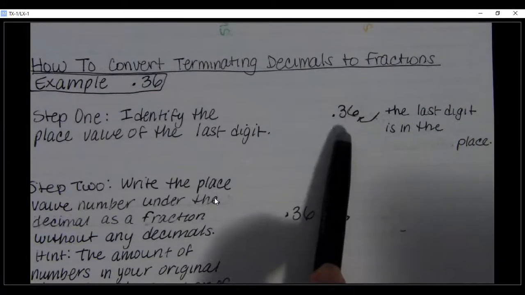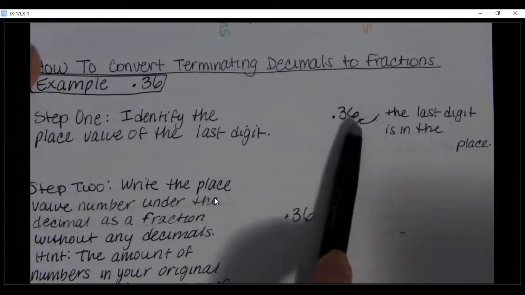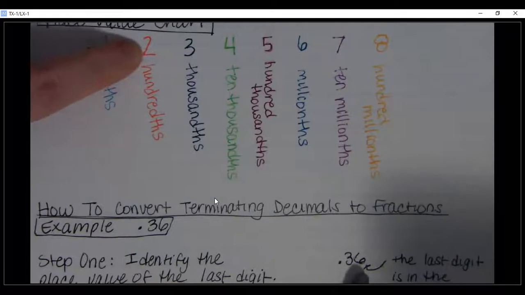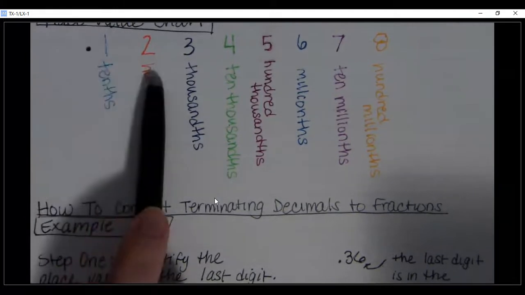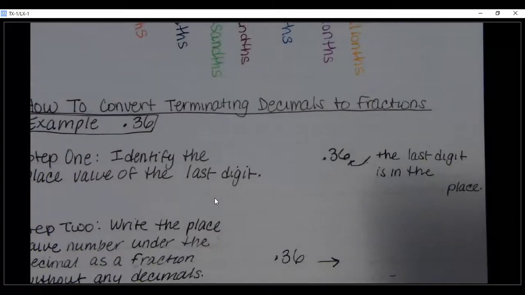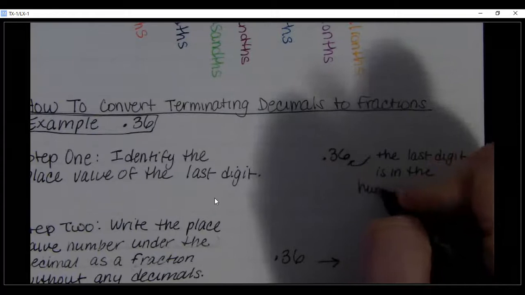We do that when we're pronouncing this as well. So the 6 is going to be in the place value of our hundredths. I know that because I have 2 numbers after my decimal point, and I follow 1, 2. That means the 6 is in the hundredths place.